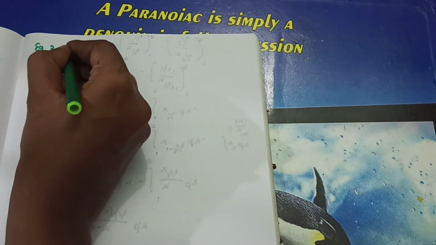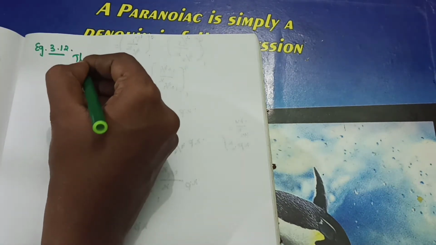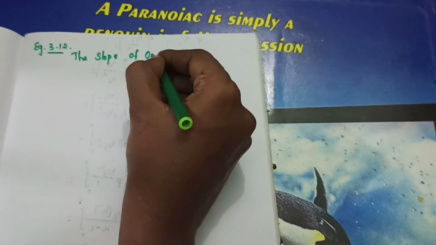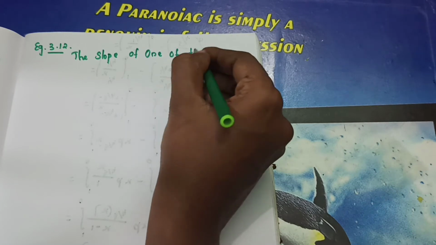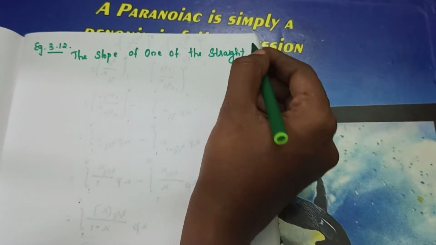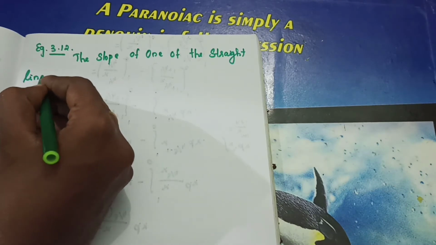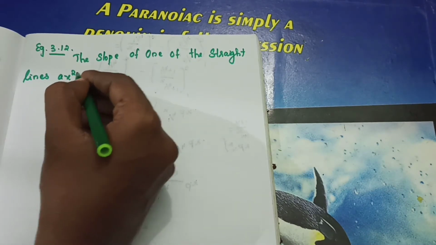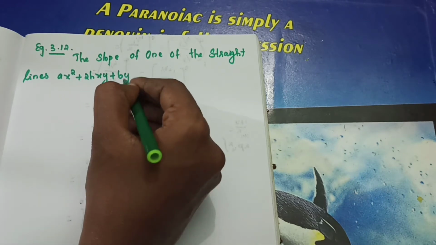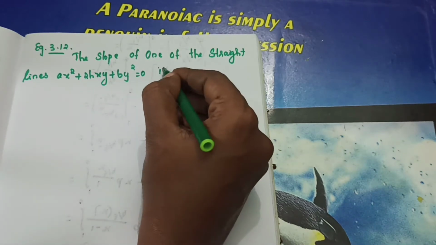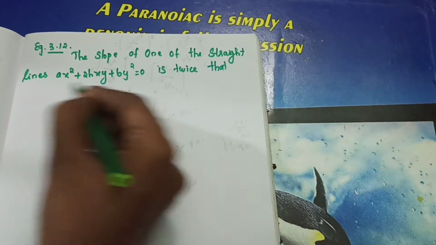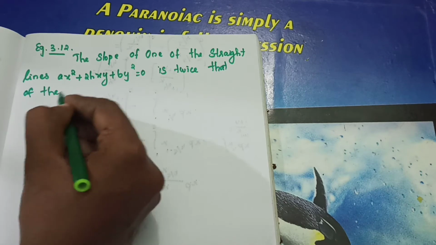Example 3.12. The slope of one of the straight lines ax square plus 2hxy plus by square is equal to 0 is twice that of the other.